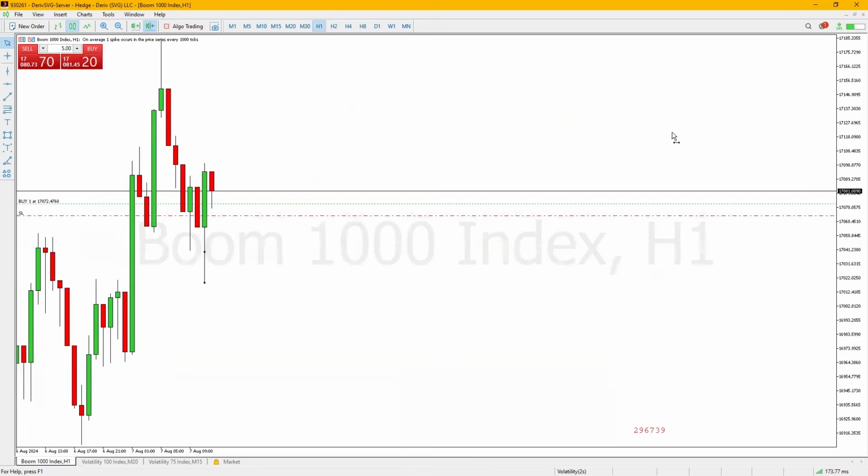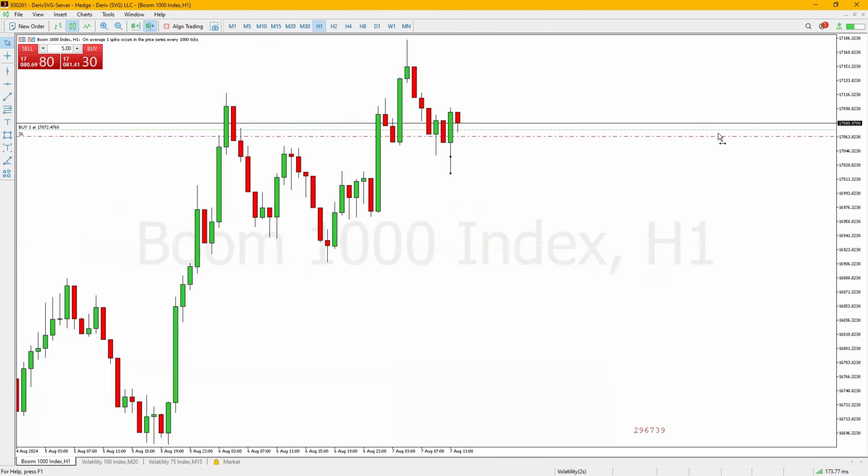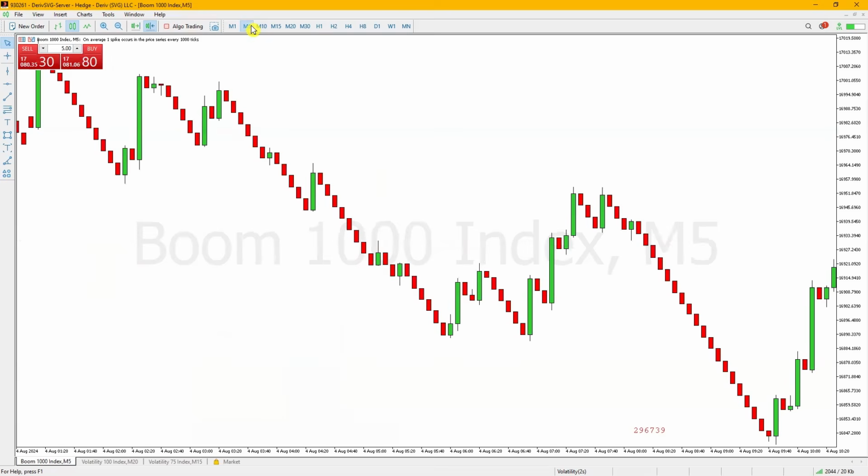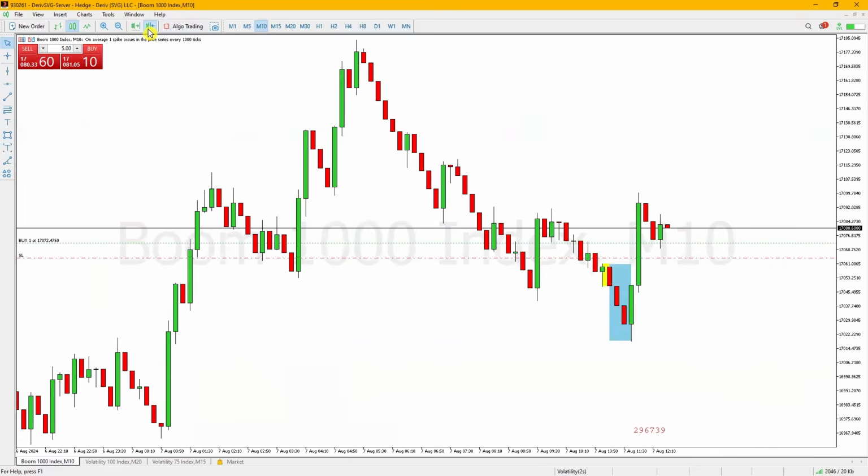And then I will decide to say, okay, I'm going to buy this particular asset. I'm willing to buy the boom 1000 index. So in this case, if I'm deciding that here's a bullish engulfing candle, I'm going to buy after a retrace. Rewind back to the beginning of this video. I spoke about a retracement that took place right here.